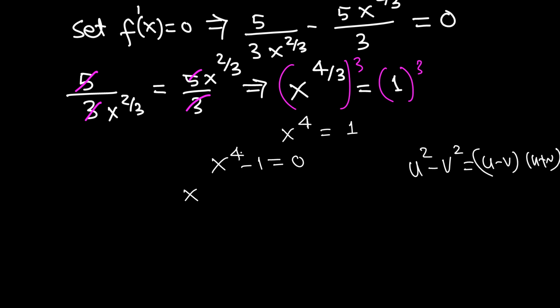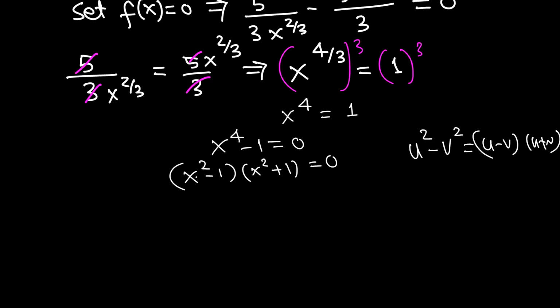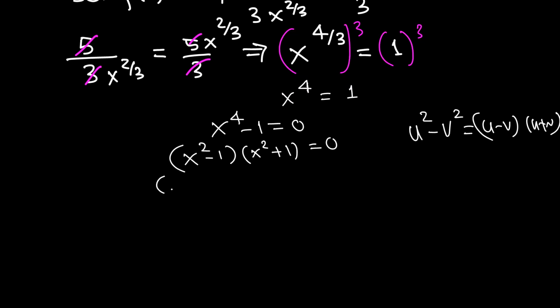Okay, so x squared minus 1, x squared plus 1 equals 0. This does not factor anymore, but this factors. x squared minus 1 is x minus 1, x plus 1. Difference of squares one more time. x squared plus 1 equals 0.